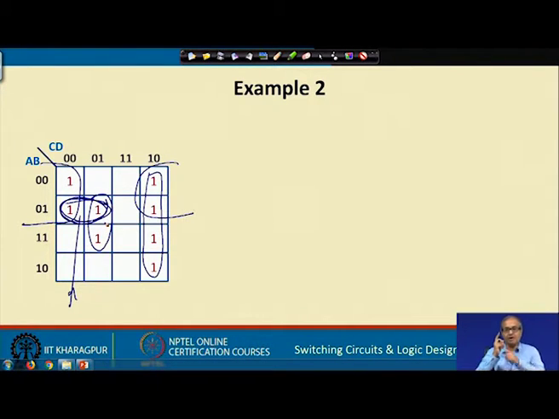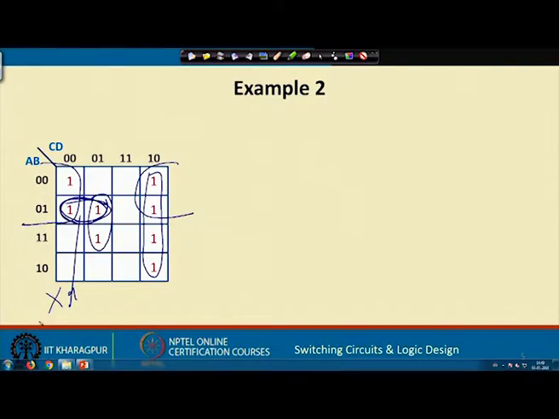Okay. A particular cell, a true minterm, needs to be covered by at least one of the cubes. So, if I have one cube whose cells are already covered by some other cubes, I do not need to include that cube at all, I can leave it out. That is why I can remove this cube from my map and only these 1, 2 and 3 cubes will do. Okay. This is what we have done.